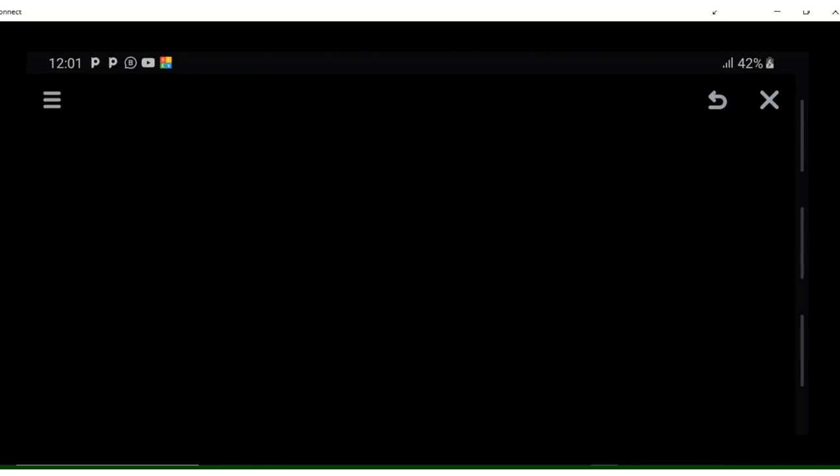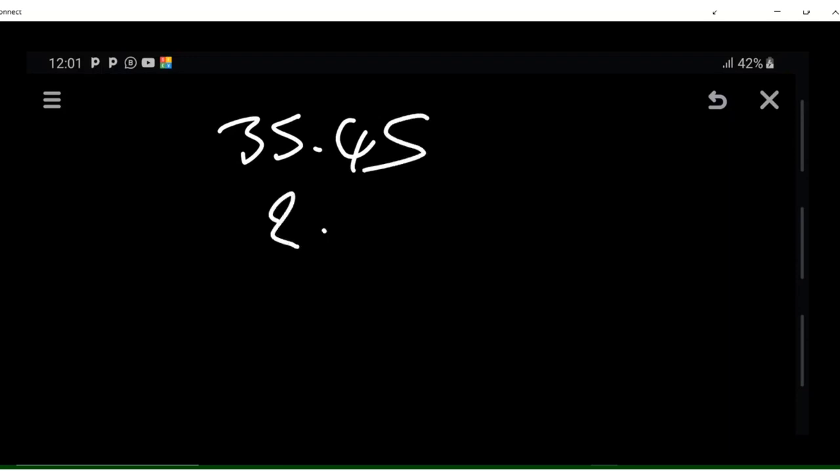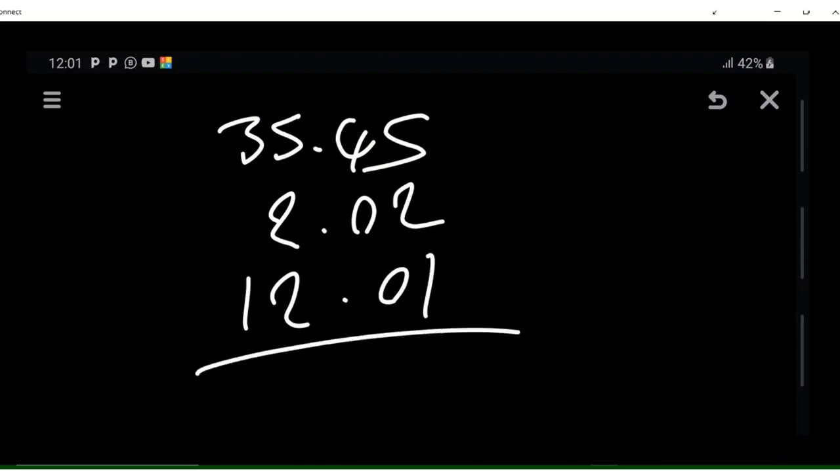So you have 35.45, 2.02, and 12.01. When we add, we have 84.794. So this is our empirical formula mass.